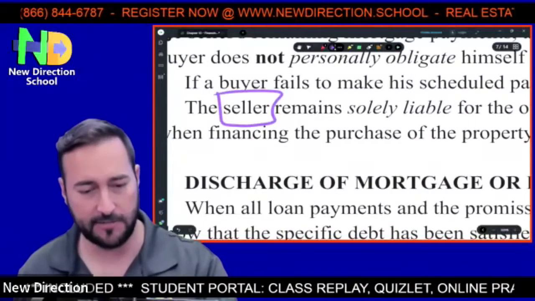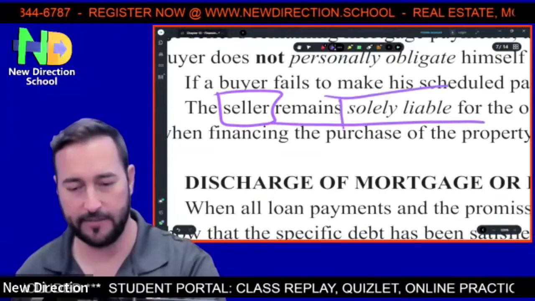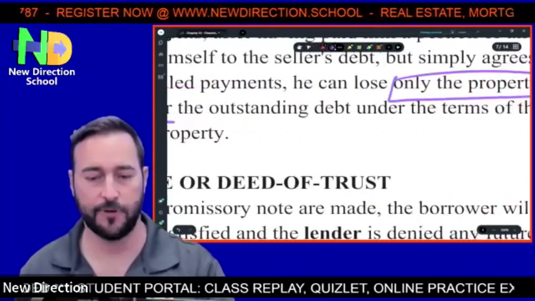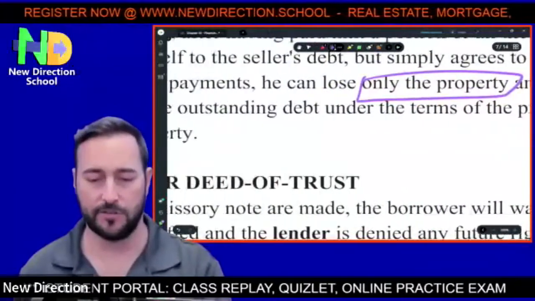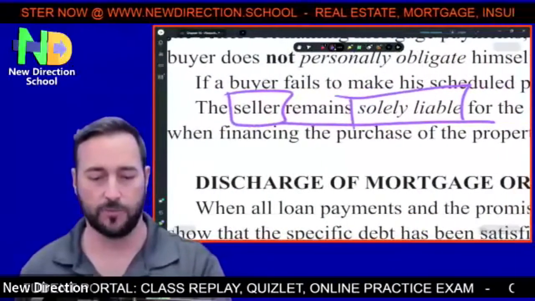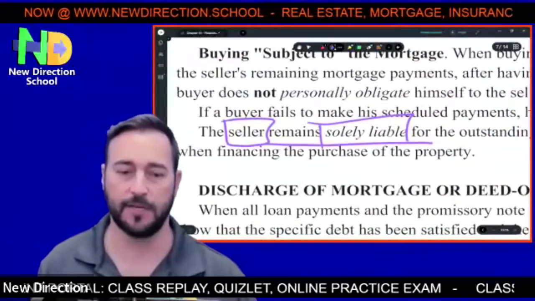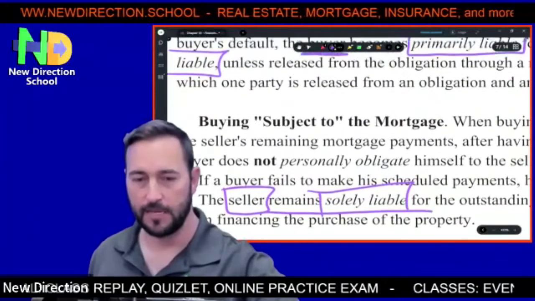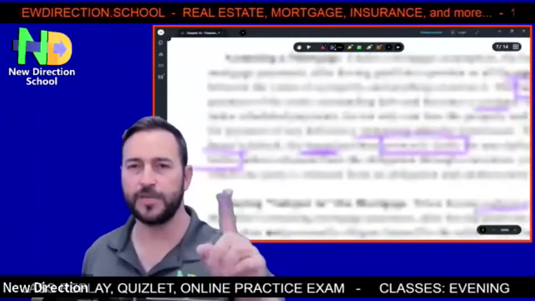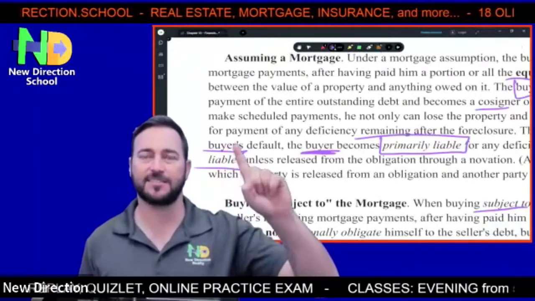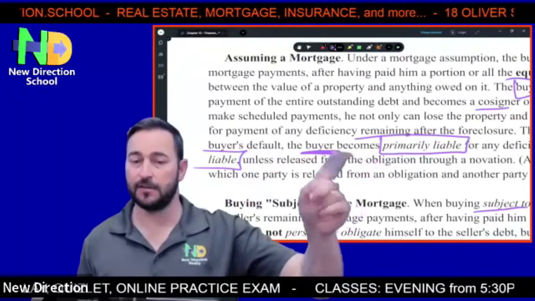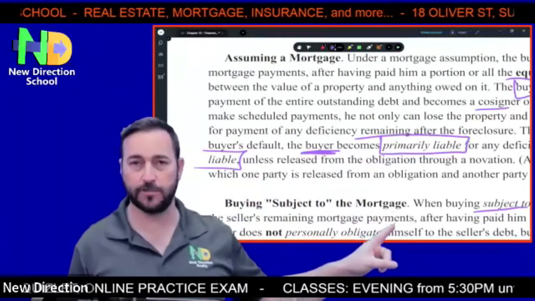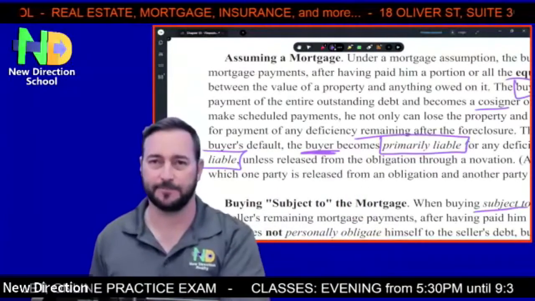The seller remains solely liable for the outstanding debt under the terms of the promissory note when financing the purchase of the property. I want you guys to remember this. Treat assuming the mortgage as assigning the lease. Buying subject to the mortgage, think of it as subleasing.